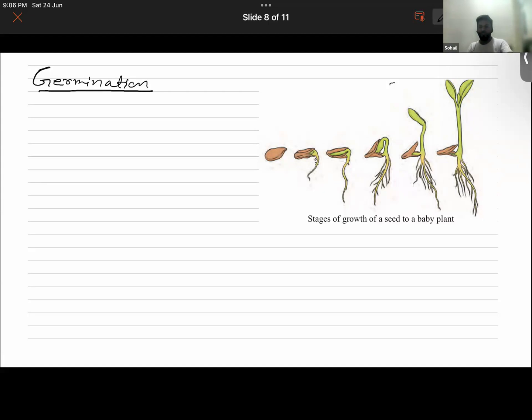Okay, have you eaten sprouts? Like if you take water and put some moong seeds or gram seeds in it, after 6 to 7 hours you will see a white structure starts coming out of it.